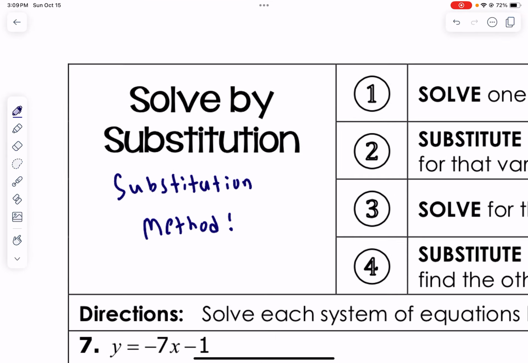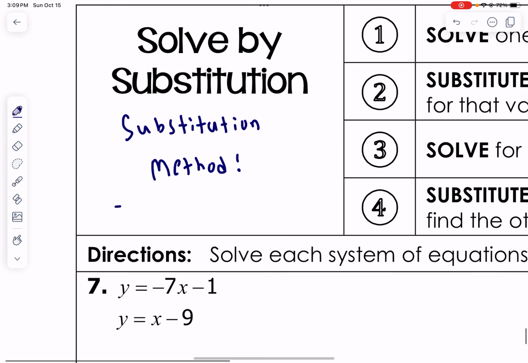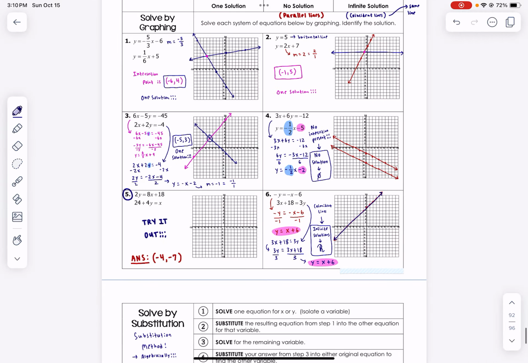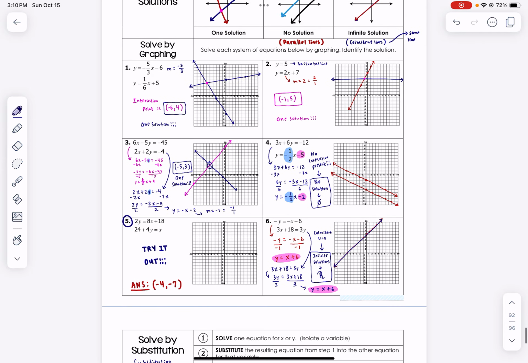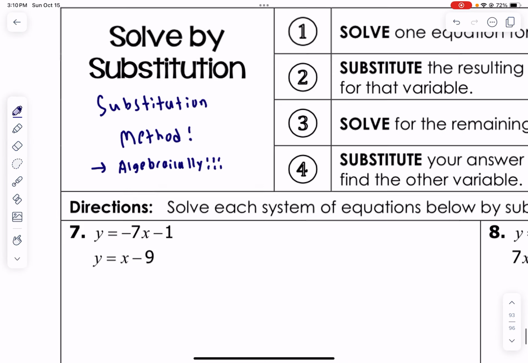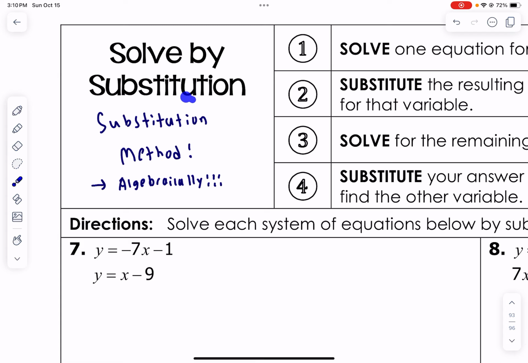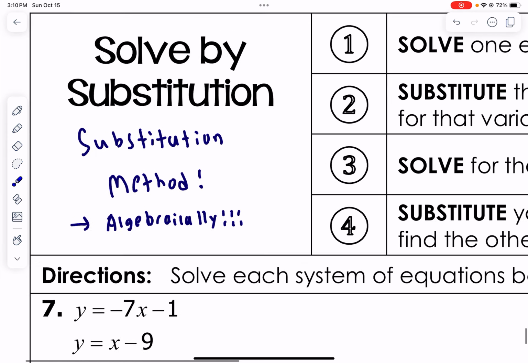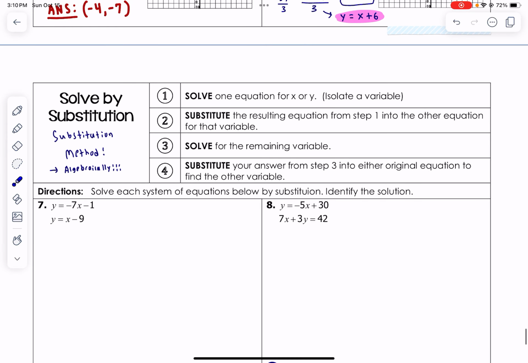Specifically, it helps us solve systems of equations algebraically. In this first part, we looked at solving systems graphically, but we can also solve systems algebraically with this substitution method. You should have already been exposed to this back in Algebra 1, but once again, we need to revisit these concepts because they're going to be very important for our future study.